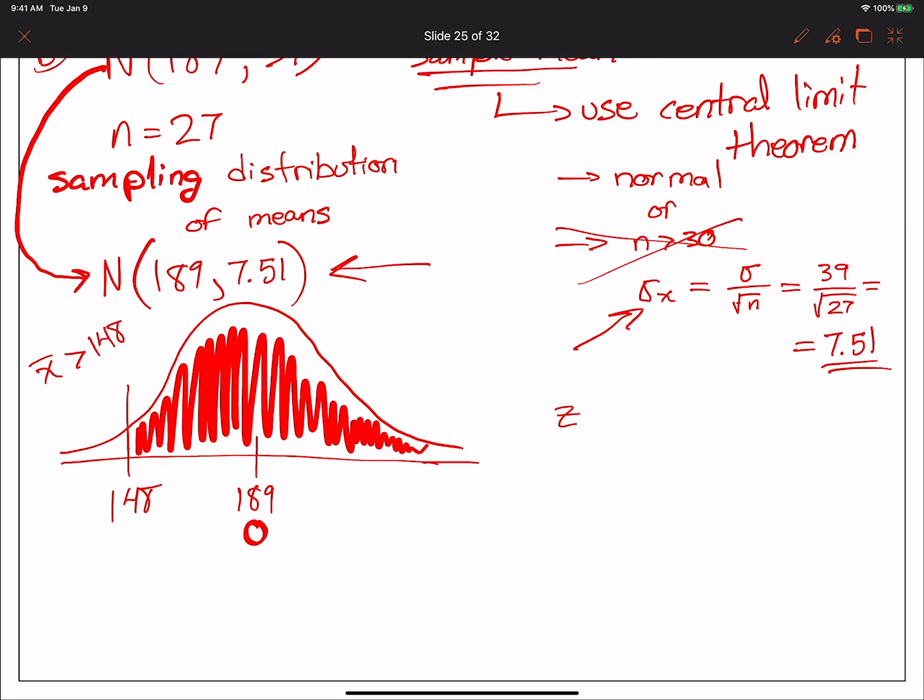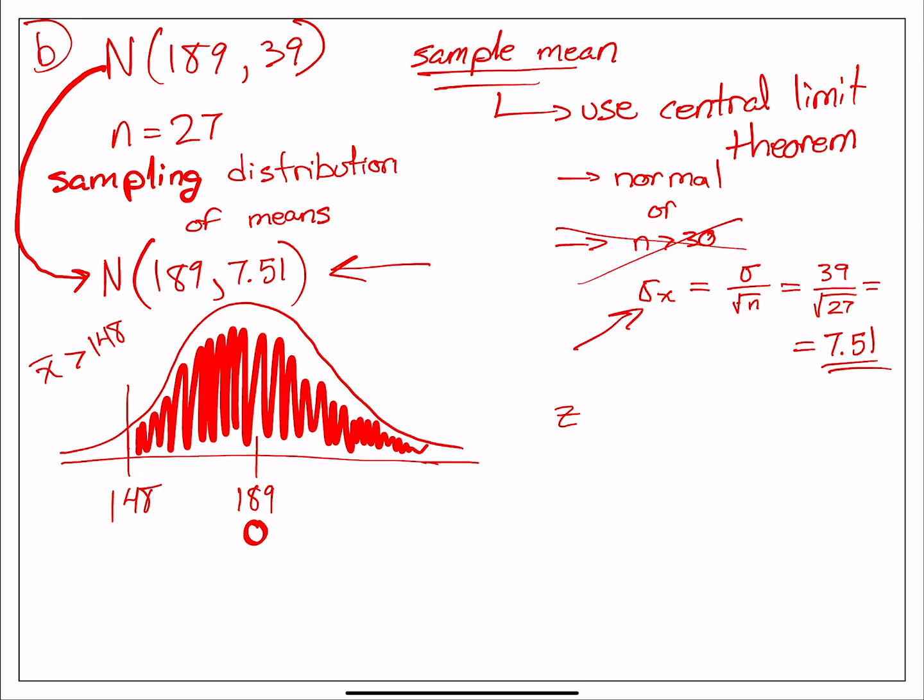Now, to find the z-score, this is where things get a little different. Instead of using this value, the original value for our standard deviation, we need to instead use this new value for our standard deviation. So what we're going to do is z equals x bar, where x bar is the mean that we care about.